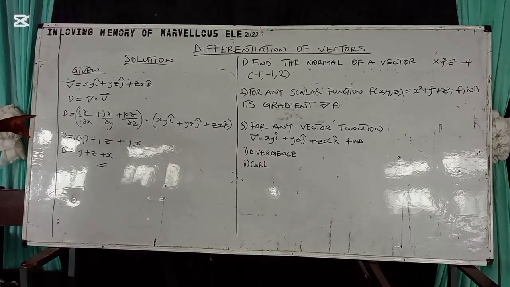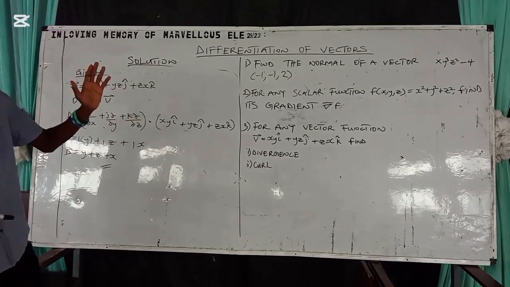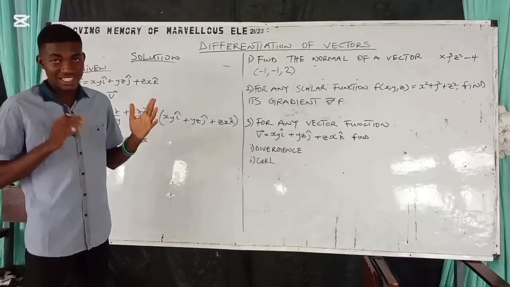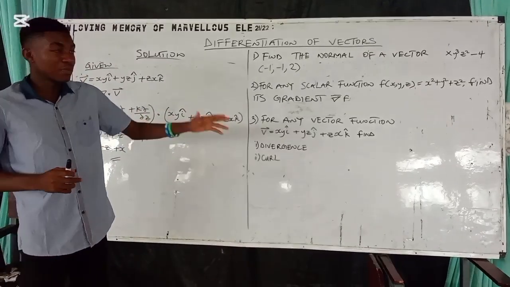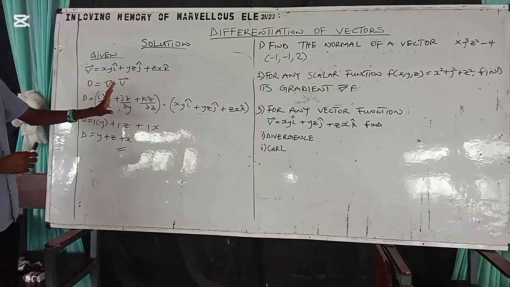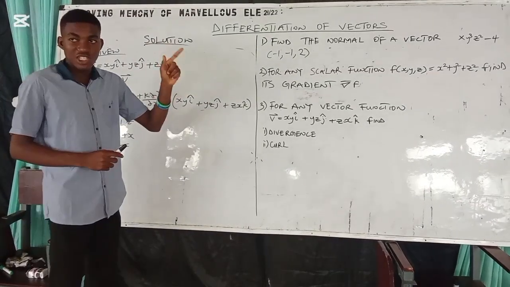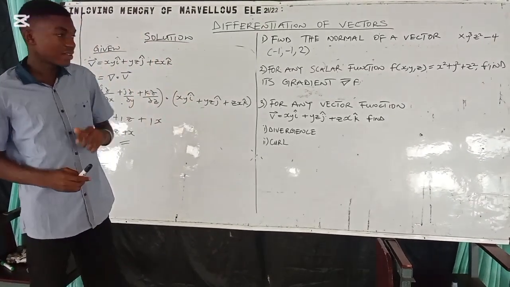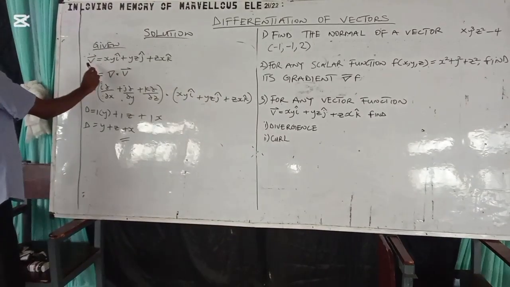Okay, so this is our answer. Very easy. Divergence is simply dot products. As I said earlier, I've posted a video on dot products before and I'm showing it again. Dot products: i dot i is 1, j dot j is 1, k dot k is 1. So we have our vector operator here.